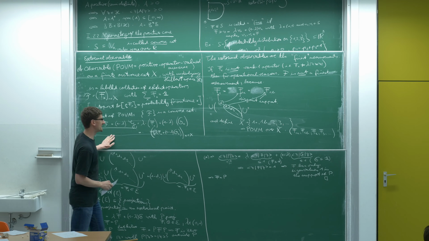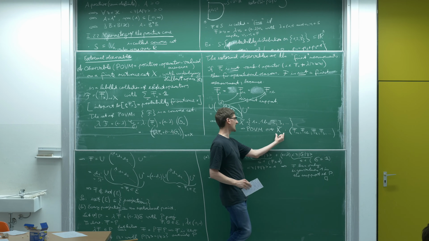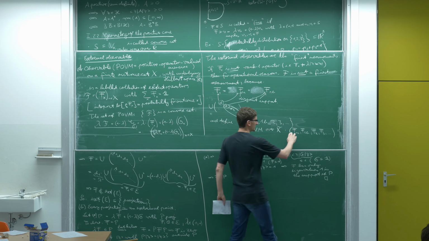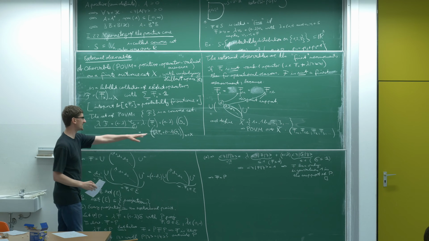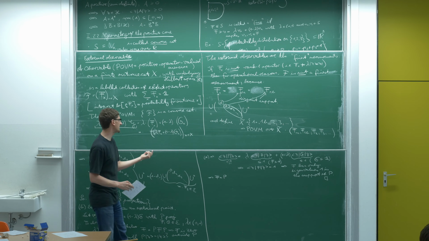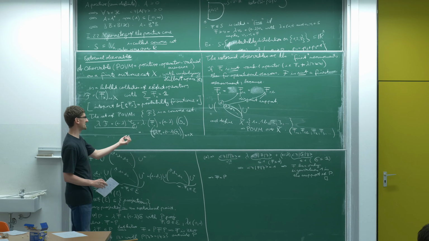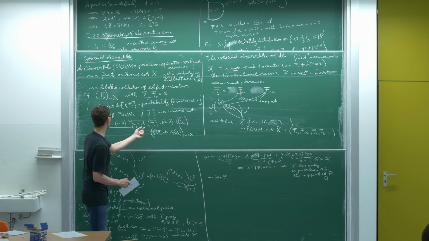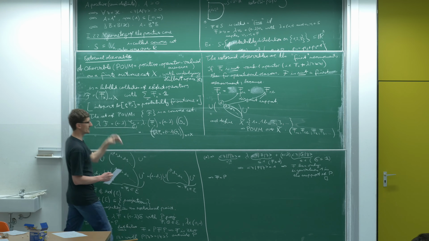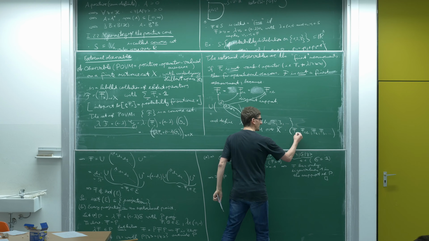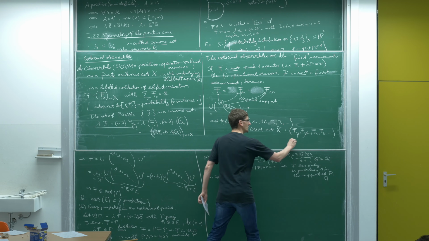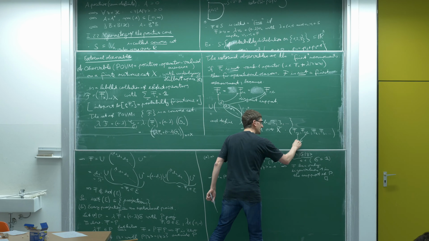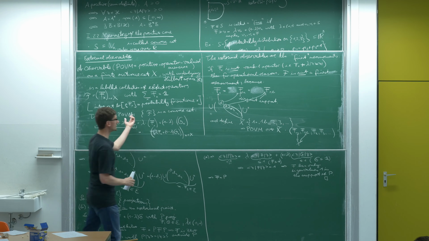So this is a POVM over a different outcome set, but if we measure this POVM and obtain some probabilities from it, then we can infer from this the probabilities of our original POVM F by just saying that if this outcome occurs or this outcome occurs, we map these two outcomes to the original outcome 1.